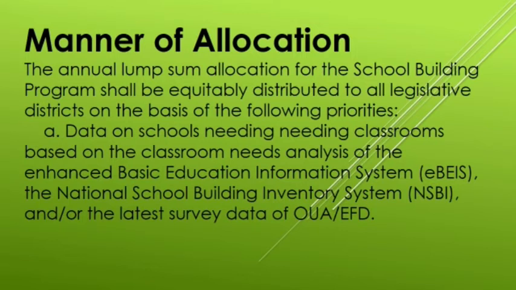So mga ka-cheers, that's how the government identifies who will be given a school building, through the EBEIS. That is why let us be careful in putting data into our EBEIS.